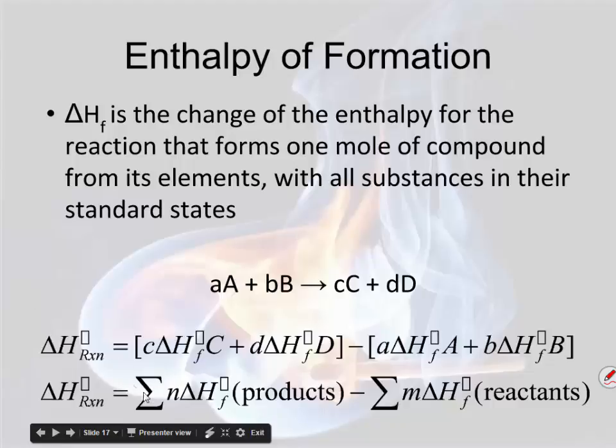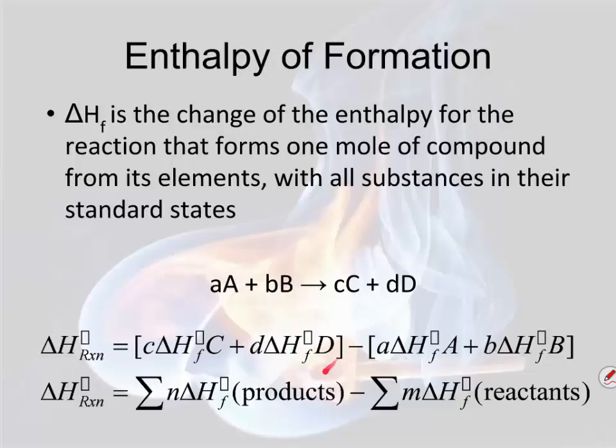our sum of our delta H's of formation of our products times their coefficients, minus the sum of our delta H of formation of our reactants times their coefficients. So if we had this overall general reaction here, here's our reactants, here's our products. We take our products first: the formation of substance C times its coefficient, plus the other product, D, the formation of D times its coefficient.